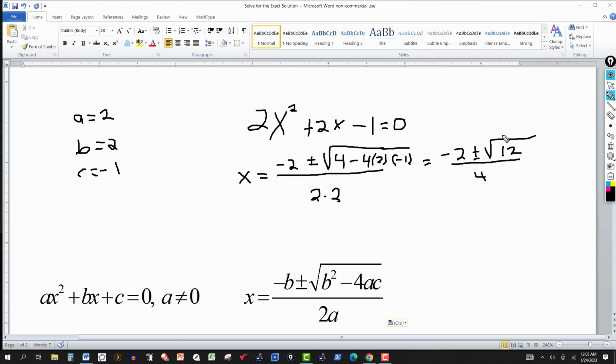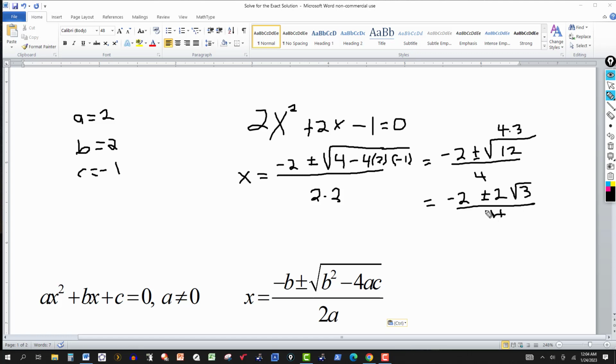And then 12 is 4 times 3. I want to simplify the radical. So this is going to equal minus 2 plus or minus, and the square root of 4 is 2, so that comes outside the radical. The 3 stays under there, square root of 3, over 4.